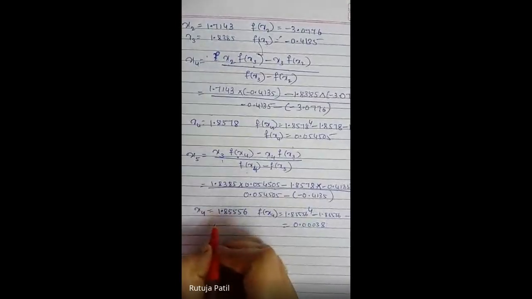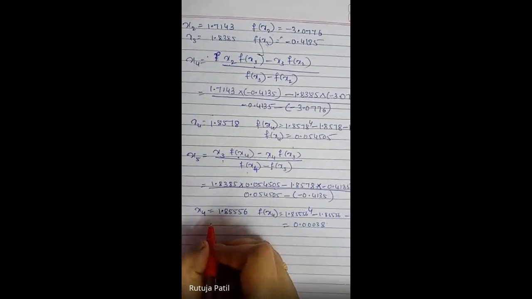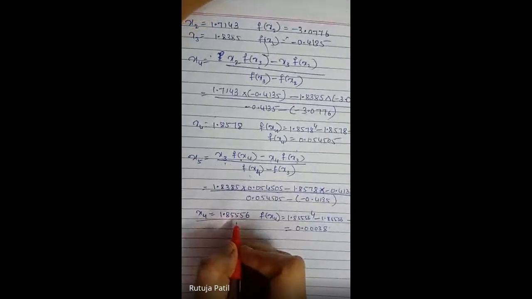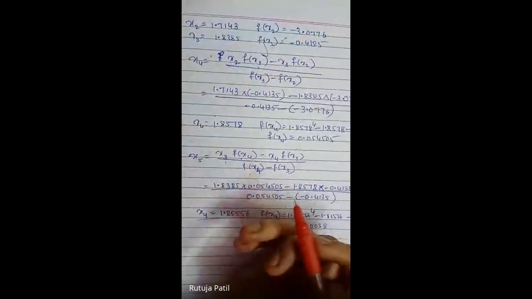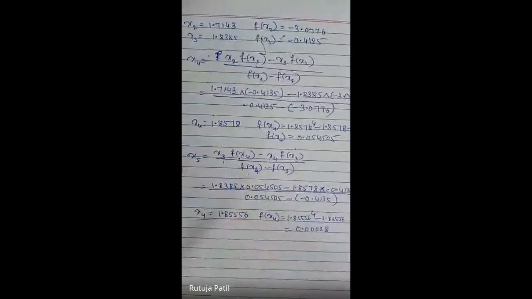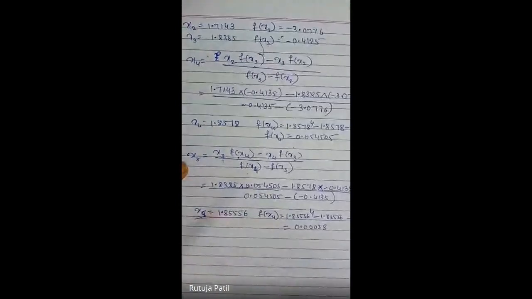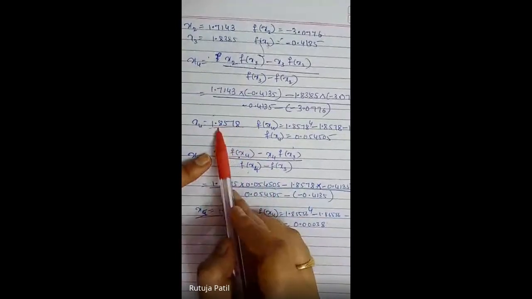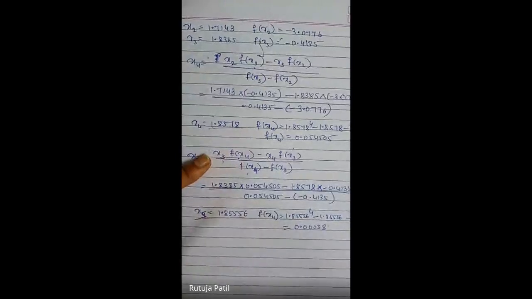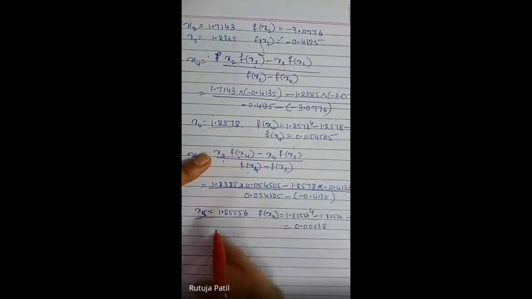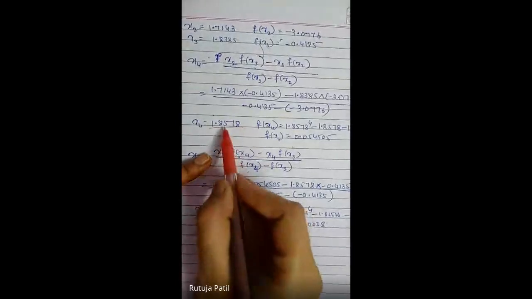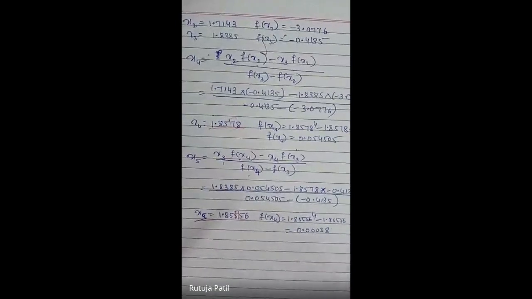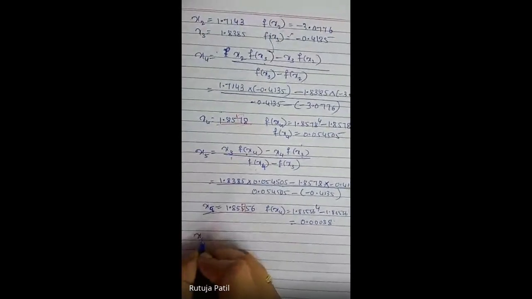X5 what we got is 1.8556, and x4 is 1.8578. So 1.85, 1.85, two digits after the decimal point are same, but still the third one is not same. Here we have 5 and here we have 7. So we can't stop this. Again we have to do one more iteration, that is x6.